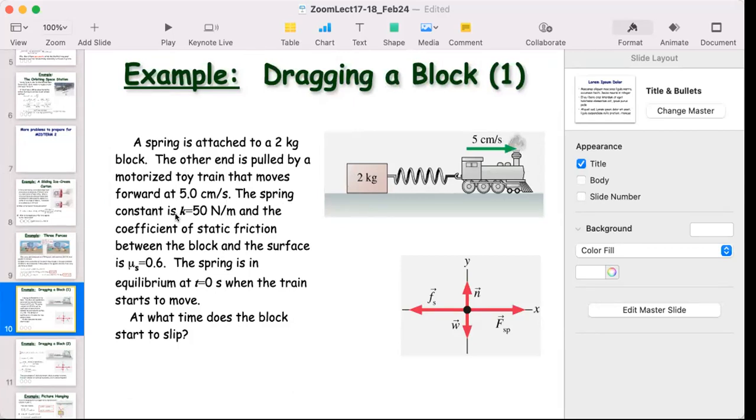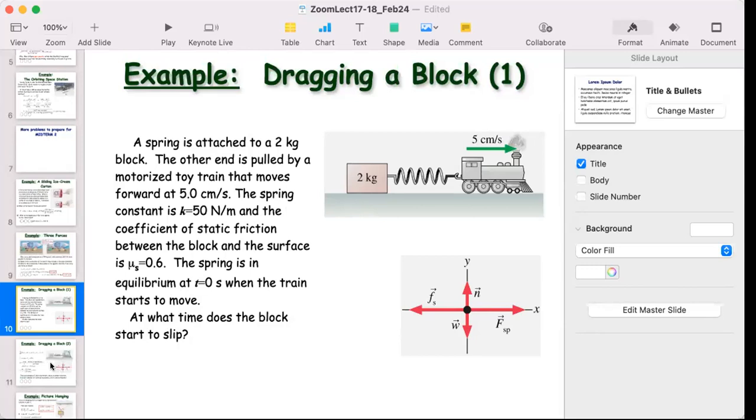The spring constant is 50 Newtons per meter, okay? And the coefficient of static friction between the block and the surface is mu s equal to 0.6. Okay. The spring is in equilibrium at the beginning, so t equal to 0 seconds, when the train starts to move. At what time does the block start to slip?